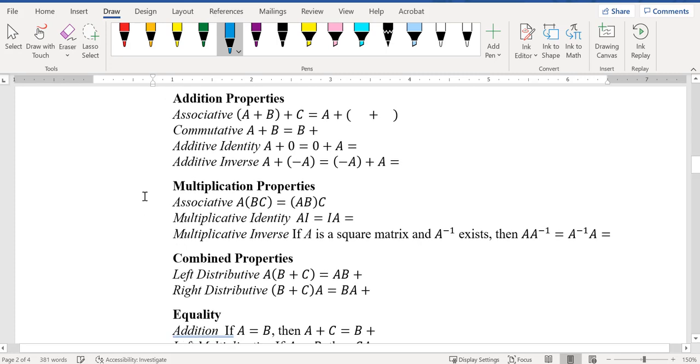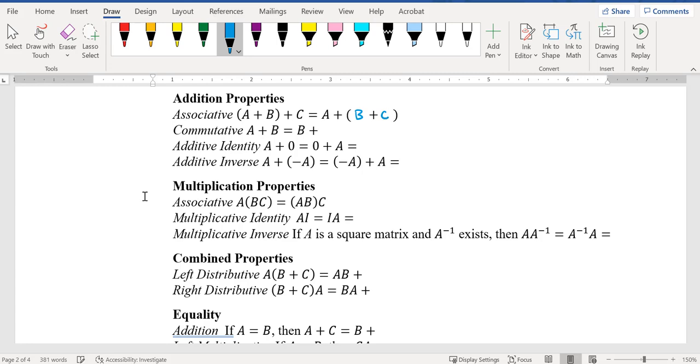Okay, for addition, matrices have the associative property. In other words, in parentheses, A plus B, plus C is the same as doing A plus parentheses B plus C. The commutative property holds.